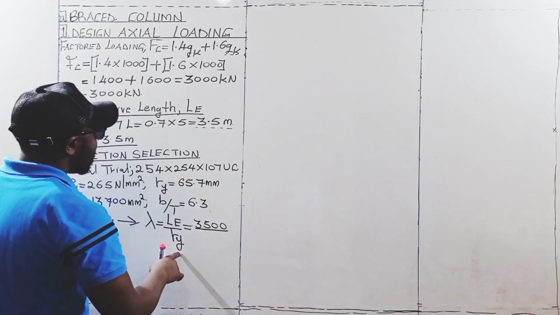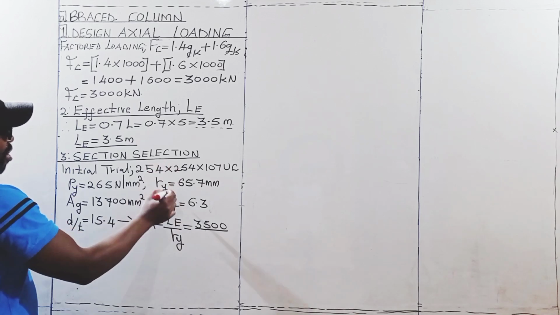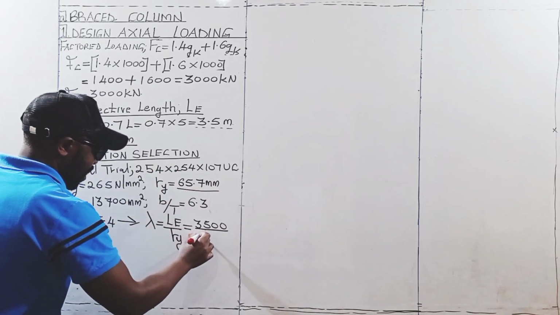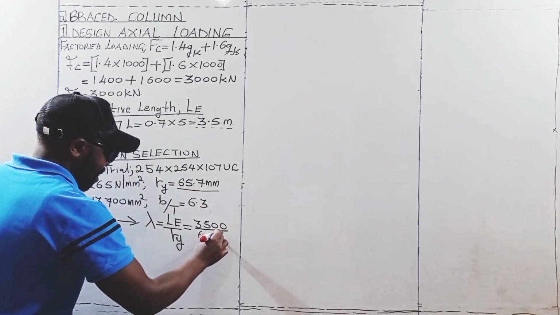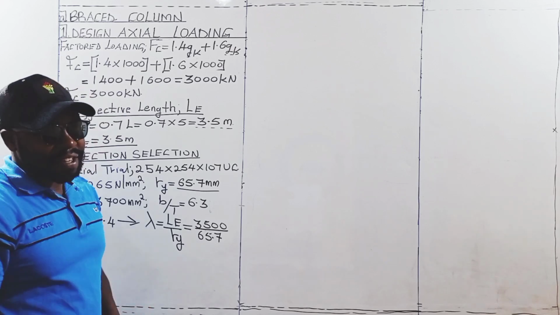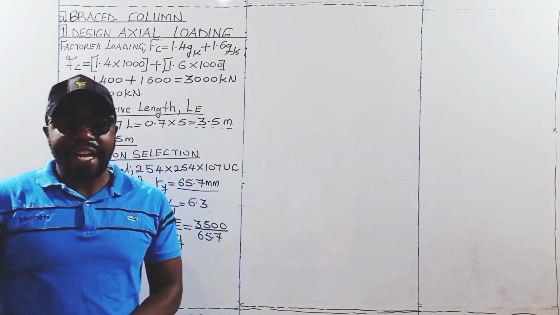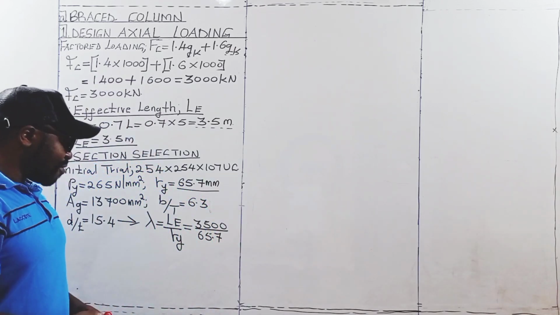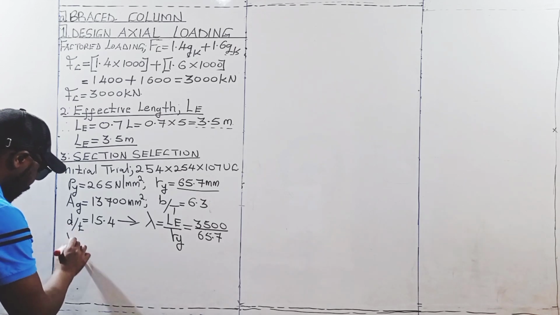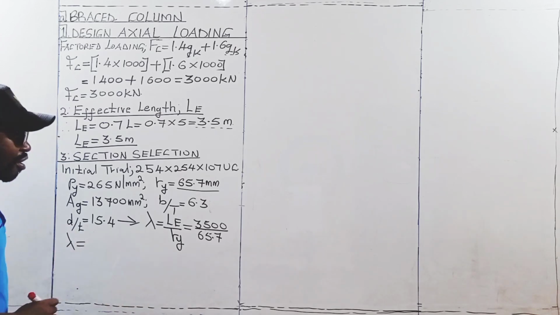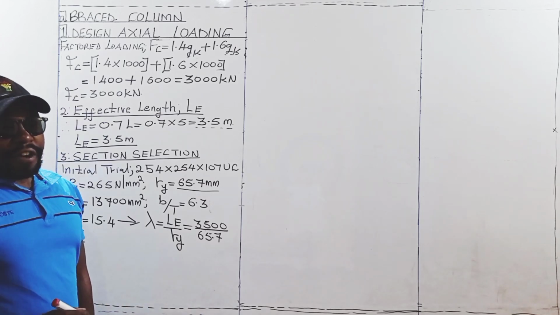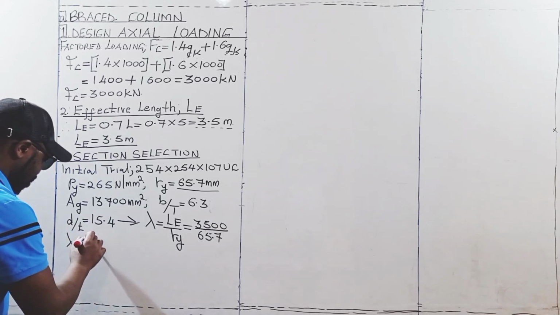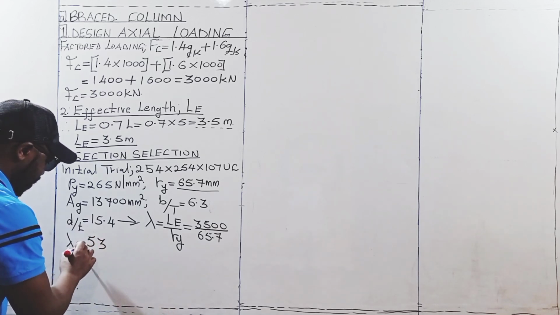We divide by the radius of gyration, which is 65.7 millimeters. Therefore, this is going to give us a slenderness ratio of 53. So the slenderness ratio is 53.